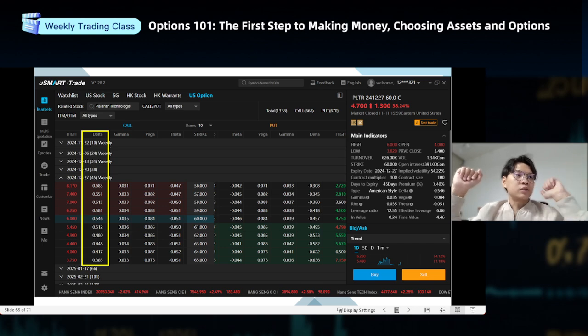So in this case, you can see that different strike prices have different winning rates, from 38% to 68%. So it's all up to you. If you are very confident, you can choose the one with a lower win rate. But if you're not confident, you can go with the one that has a higher win rate, but the price will be different.